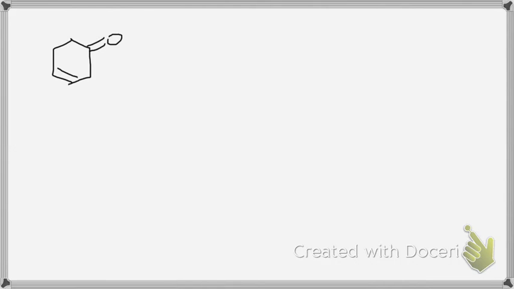How would you name this compound? We have a ketone functional group. We have an alkene double bond. So the carbonyl group will take a higher priority over alcohols and double bonds.